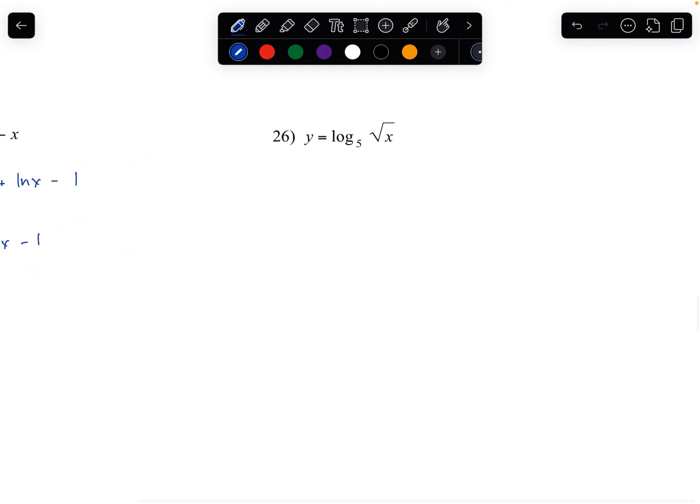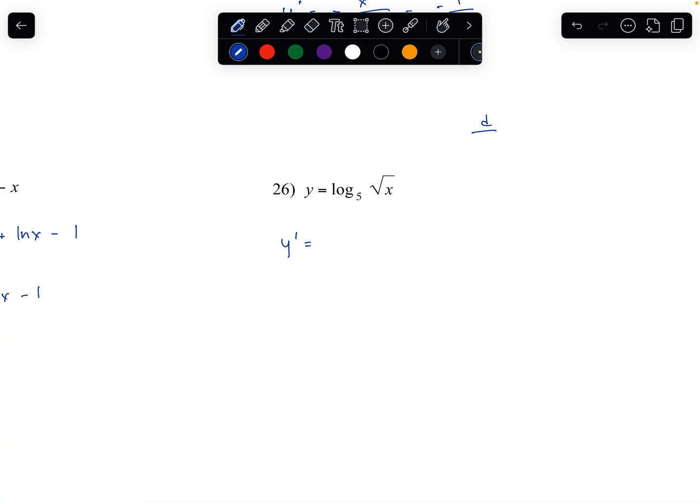And for 26, so y prime is going to be equal to, this is a log, and the derivative of log, if you guys can't remember, so the derivative of log base a of x is equal to 1 over x times by the natural log of a. So this is going to be equal to 1 over square root of x times by the natural log of 5.